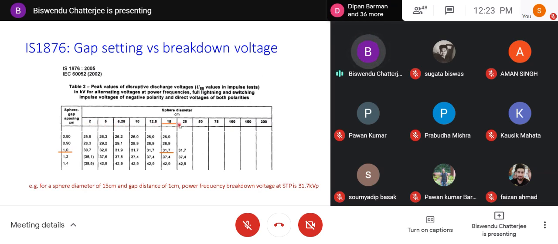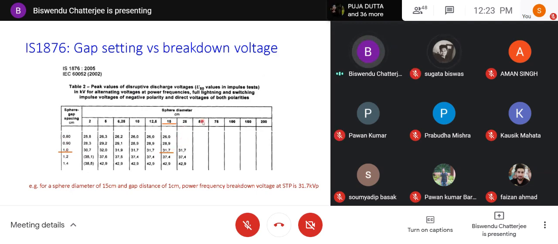Now you see what is the role of sphere diameter in the gap setting. Can you see these points? See very carefully. If the diameter is say 25 centimeter, I cannot adjust the gap less than 1 centimeter. Can you see here? There is no data.